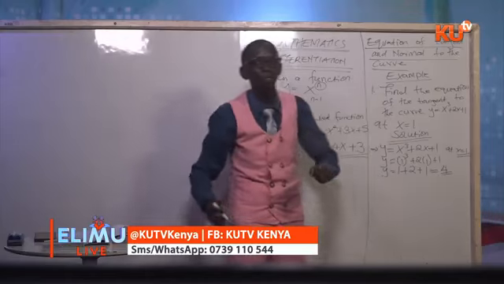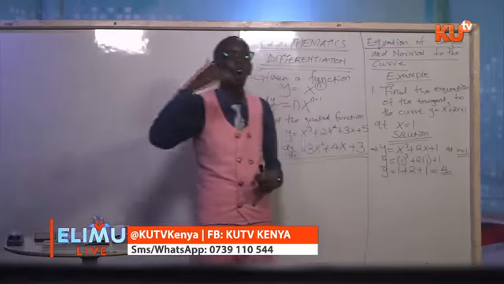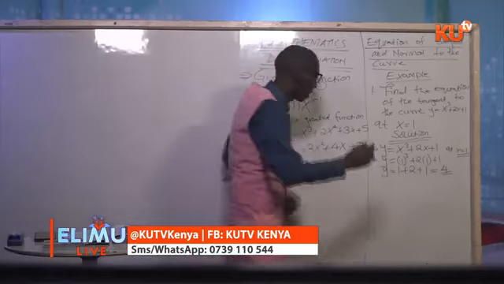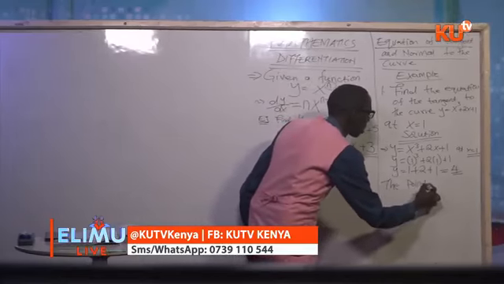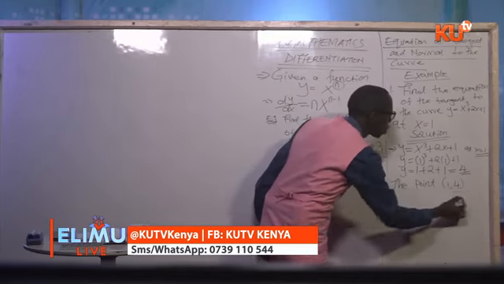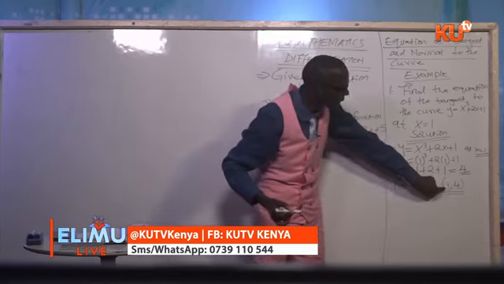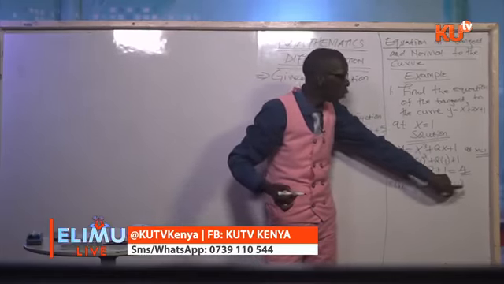Now, my dear students, we have the value of x and the value of y. Therefore we have the point 1, 4. X is 1, then we have already gotten the value of y, which is 4.